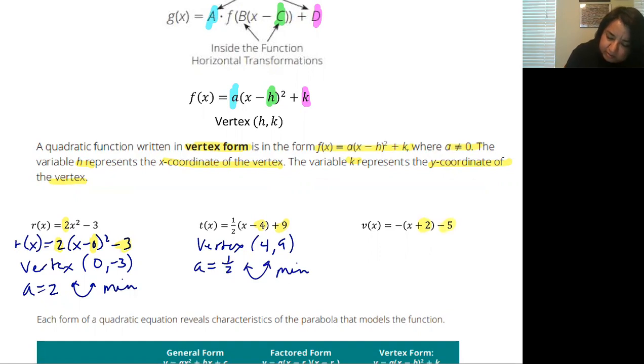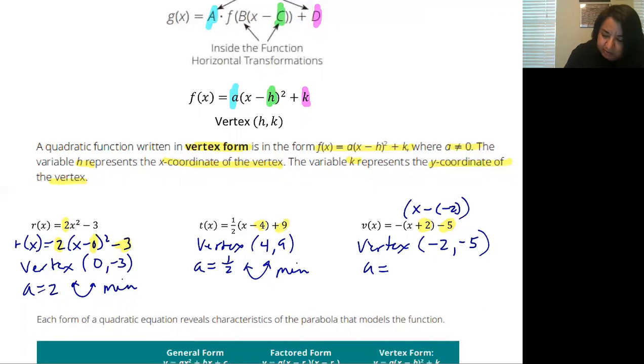So the vertex would actually be at x equals negative 2 because we're going to think of this as x minus a negative 2 to create that plus 2. And my k is negative 5 because that is subtracting 5. So my a value might go, well, where is it? There's this negative sign out front. Remember, that means there's a 1. It's not 0. So a is negative 1. That means it opens downward. And that vertex would actually be a maximum for that parabola.